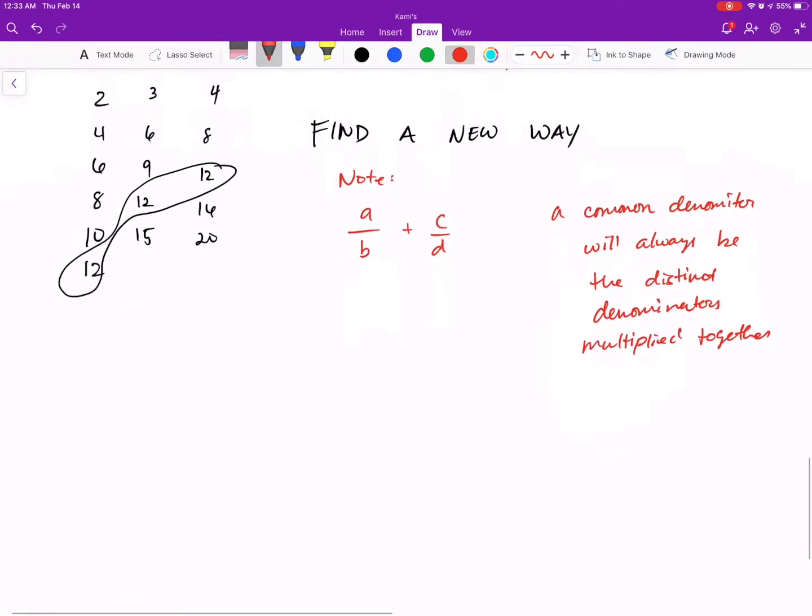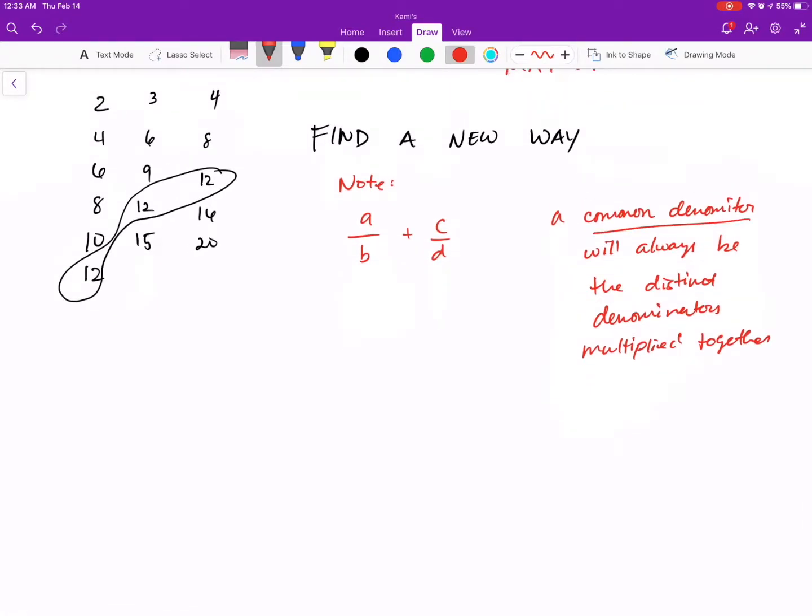Now, I said common denominator, not the least common, because sometimes the least common is actually less than the two distinct denominators multiplied together.